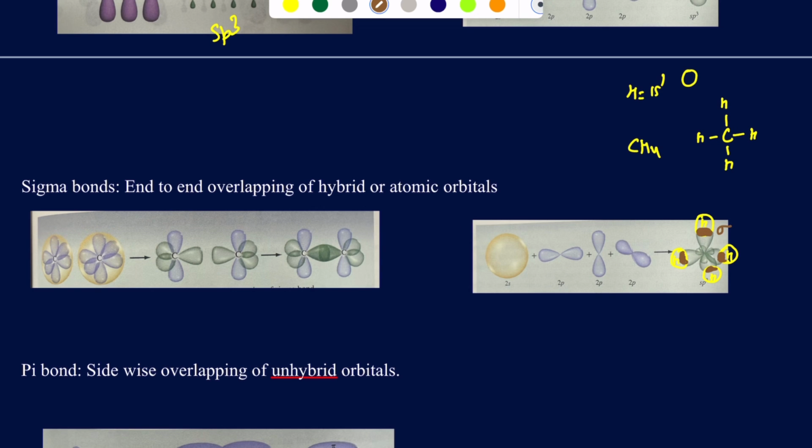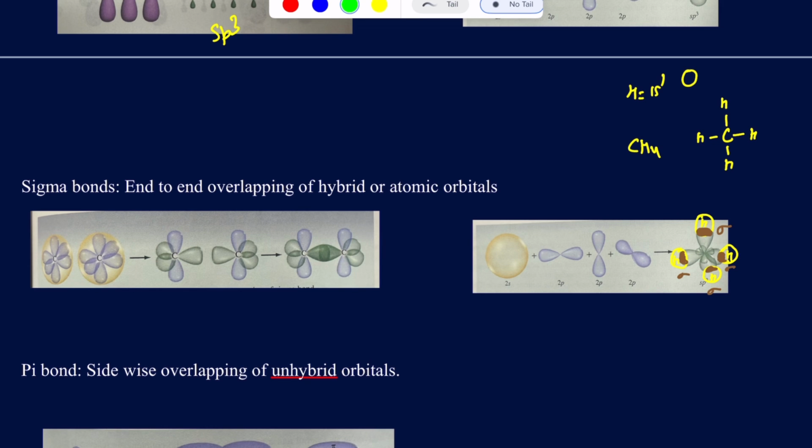So this is the formation of a sigma bond, which typically refers to the end-to-end overlapping of hybrid or atomic orbitals. Most of the time hybrid orbitals, but remember, in the case of hydrogen, you don't really hybridize anything because hydrogen has only one orbital. So you can also have atomic orbitals, especially in the case of hydrogen.